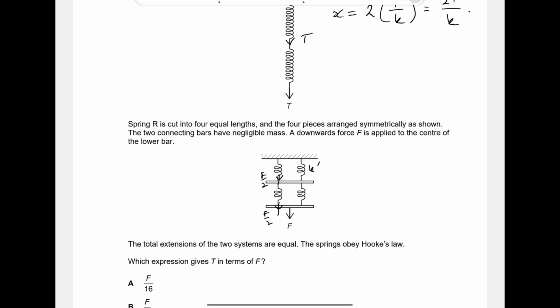And then the extension is going to be the sum of the extensions of these two layers. The extension for this layer is just going to be the extension of one of these springs, because they both extend the same, because this is applied at the center. So both experience the same force, because there's no torque, no turning moment about the rod.